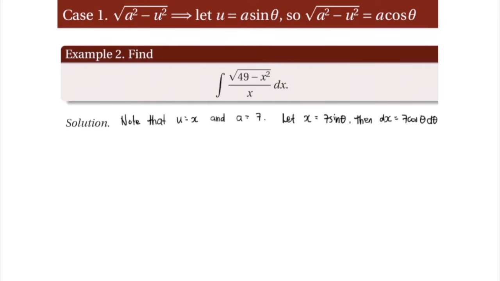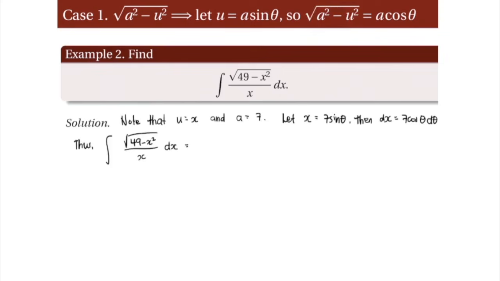So thus, the integral now of the square root of 49 minus x squared all over x dx, this is equal now to, yung square root ng 49 minus x squared is yung square root of a squared minus u squared. So papalitan lang natin to by a cosine theta.